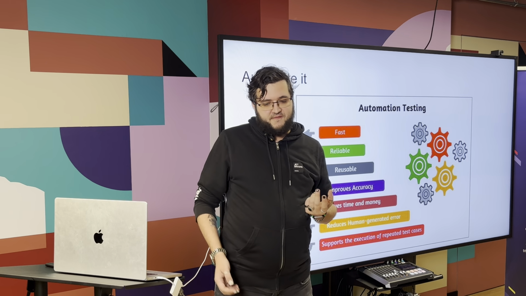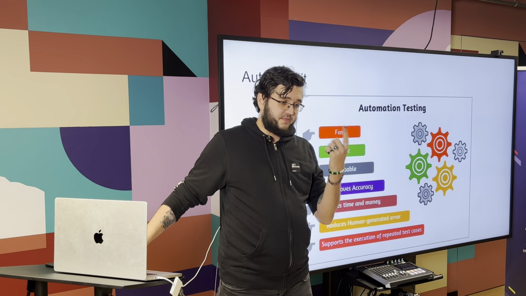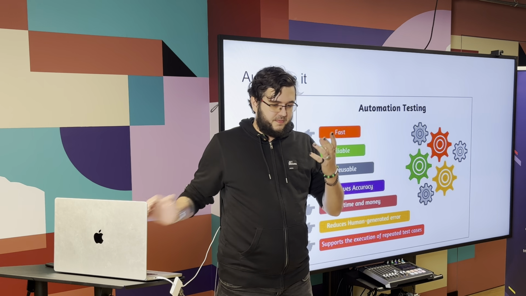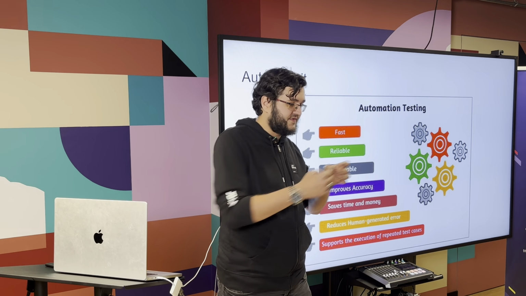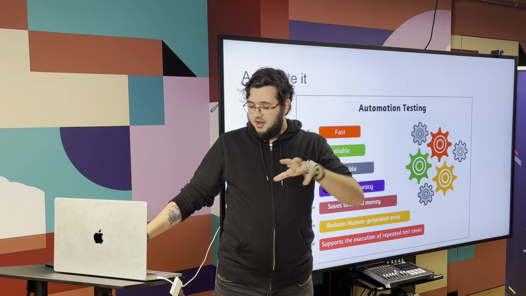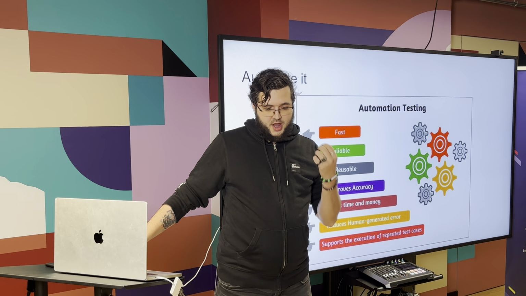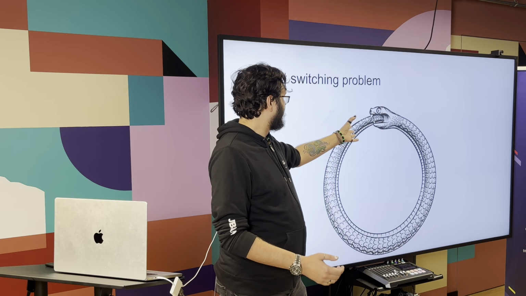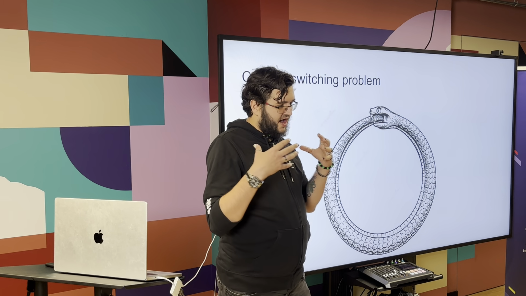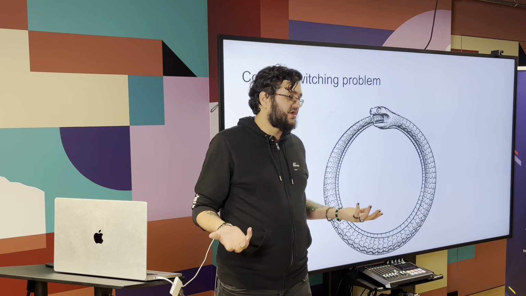But in real life, I was still the only QA in the team. I still had things to do for release processes. I had some meetings, some tasks, some features to test. And one day, I realized that I look like this snake. And I found that the context switching problem really exists.